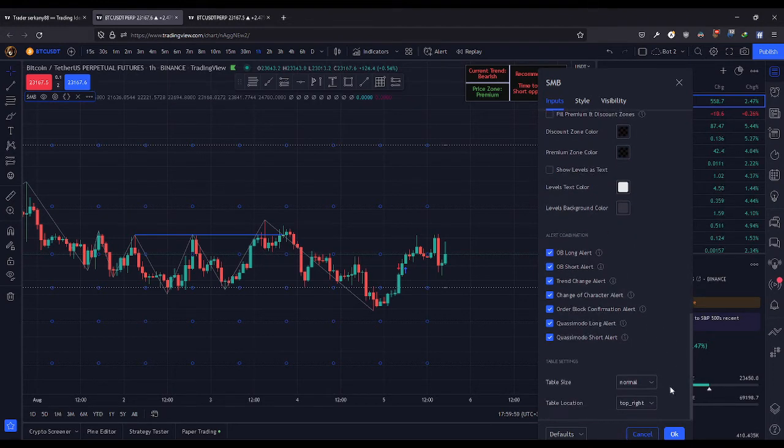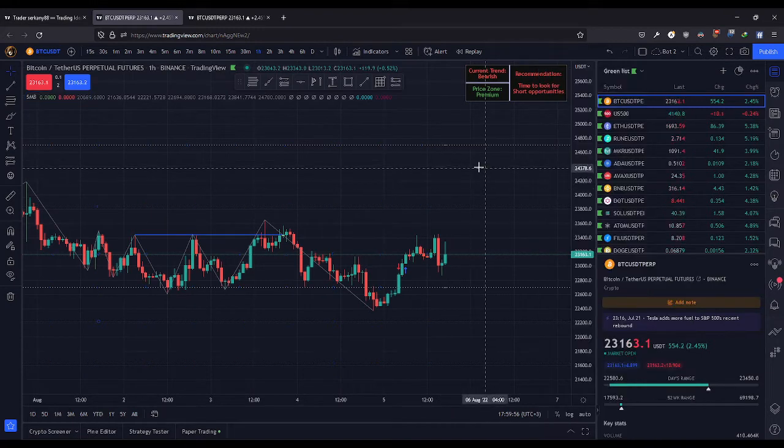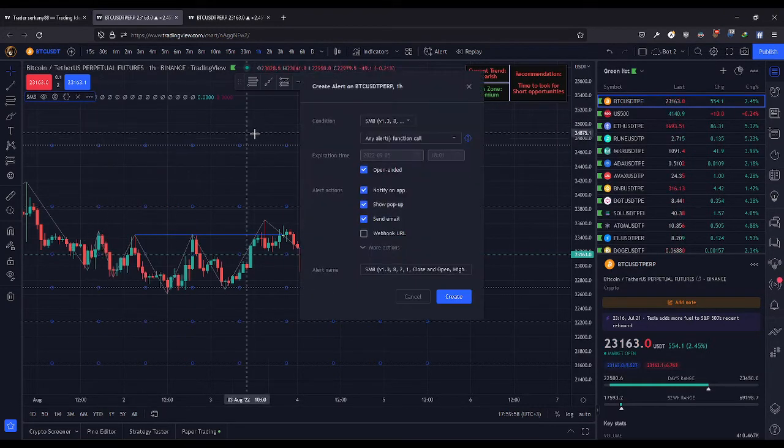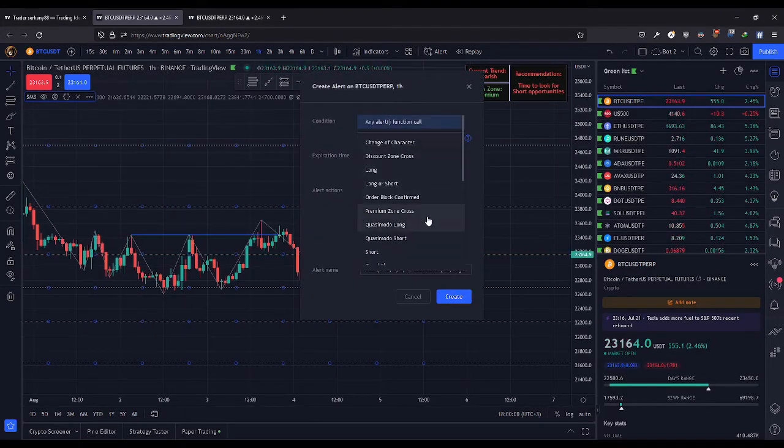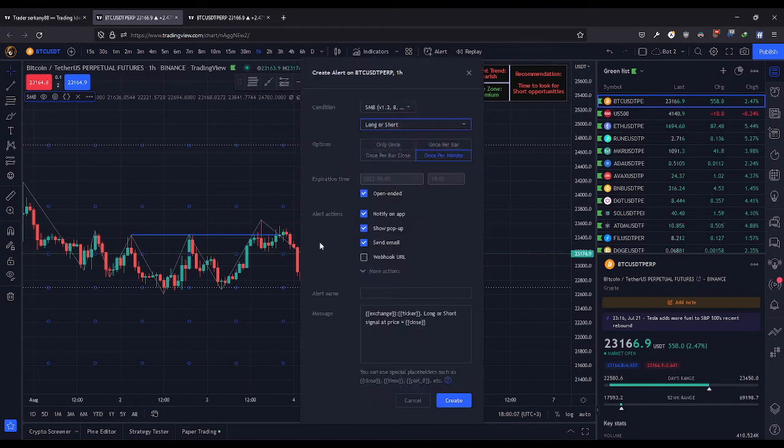Another really useful system is the alert combination system, which you can use with this indicator to automatically create your alerts for long, short, or any other thing like this.